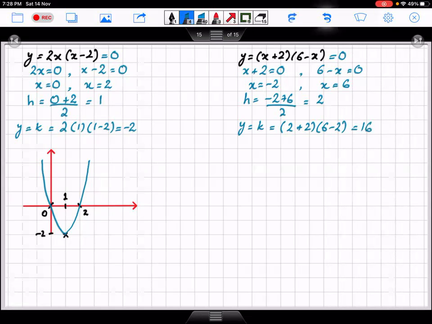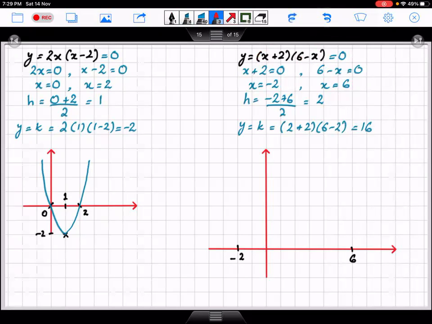So basically, when we draw the graph, we should be taking two values, that is minus 2 and plus 6. But this minus x when multiplied with this x will give us minus x square.